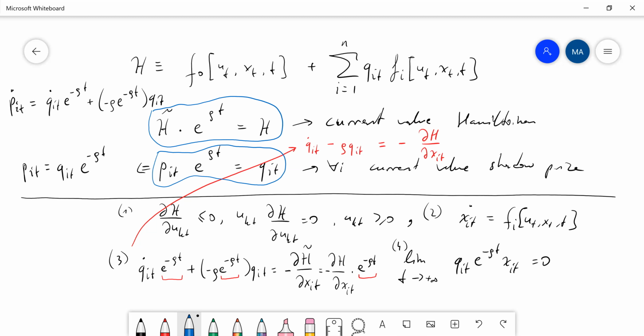When I talk about current value shadow price, I look at the shadow price of this resource at that particular t, not today. Because if I want to discount that value to present value terms, I want to multiply it with e to the minus rho t.